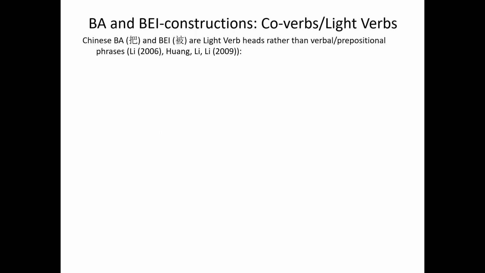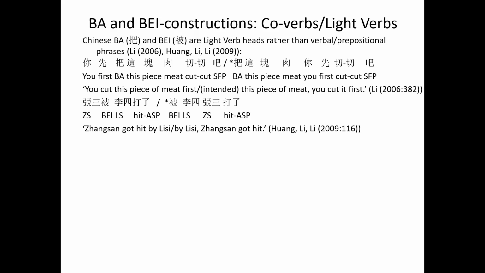Bǎ and bèi are unique in the co-verb category, in that they do not seem to form phrases, but rather they seem to be heads. This has been proposed by Li and Huang in the famous work.